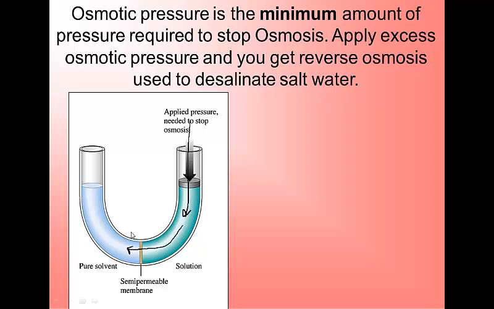What they do is exactly what it says. They apply more than the minimum amount, an external pressure to push it back down so that the pure solvent flows through the membrane and the salt gets stuck on this side, and this side here is going to be your pure solvent, which is hopefully fresh water and drinkable.